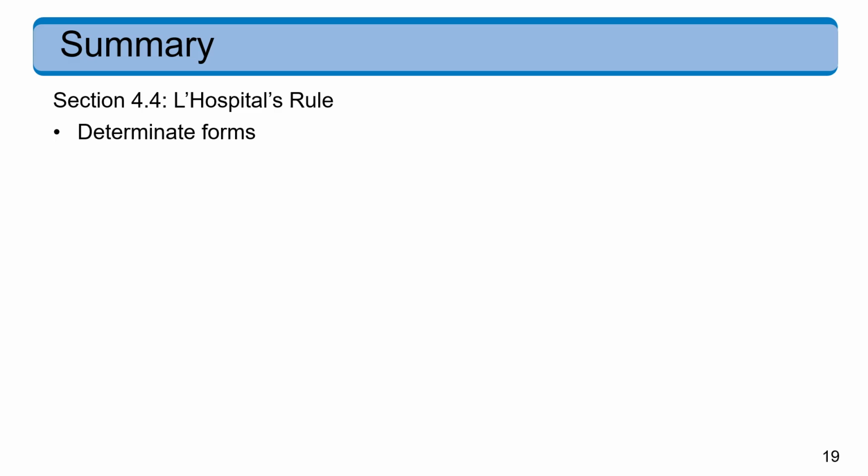So examples of this would be a non-zero over 0. We know that would be going to infinity. Or you could have a finite number over infinity. We know that limit overall would be going to 0. Those are examples of determinate forms.